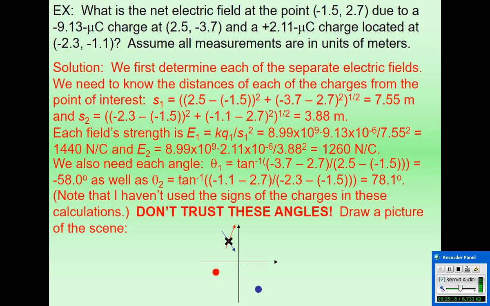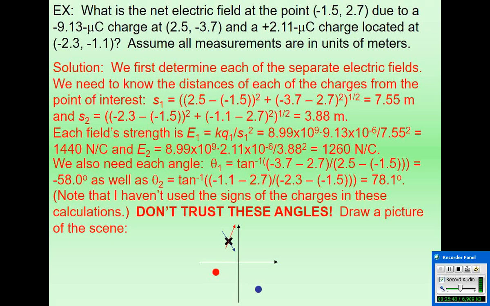The two charges are drawn. You can see that the red spot, which is in quadrant 3, represents the location of the positive 2.11 microcoulomb charge. And the blue spot in quadrant 4 represents the location of the negative 1.3 microcoulomb charge. The X in that picture represents where we are standing. There's no charge there, but we're close to these other two charges.